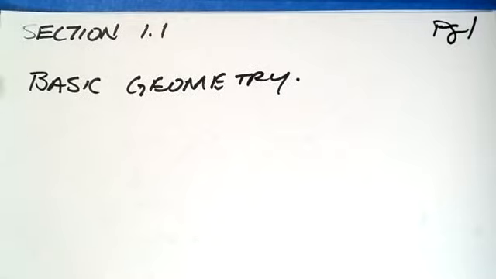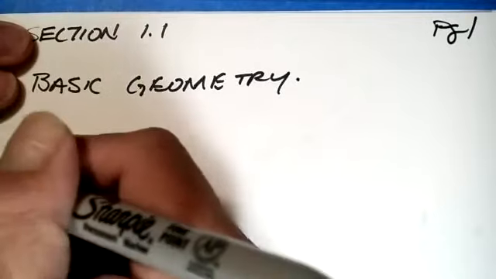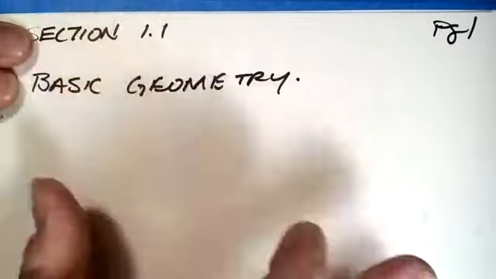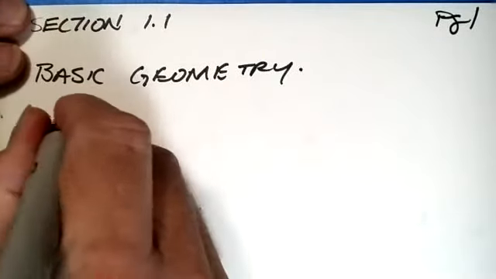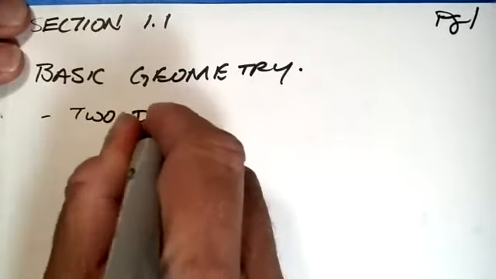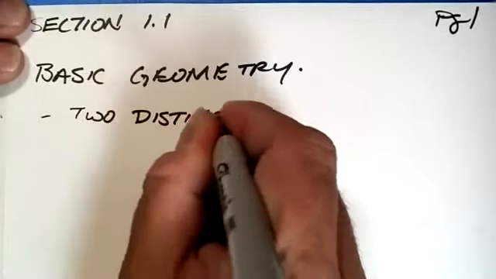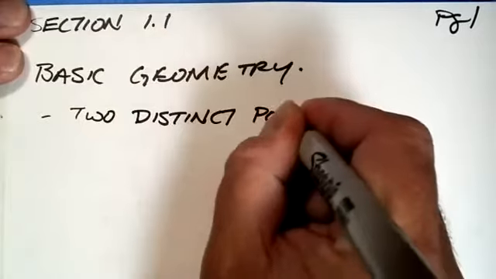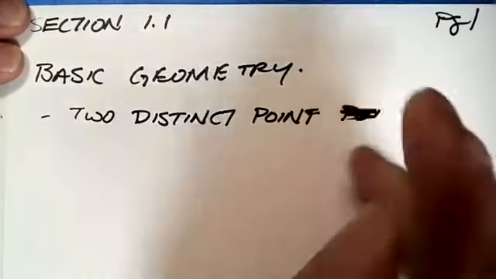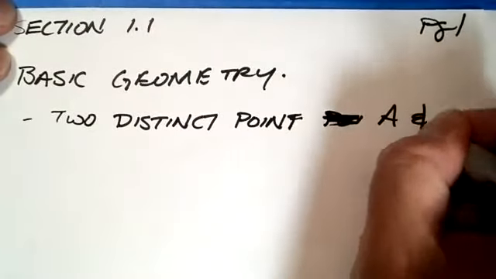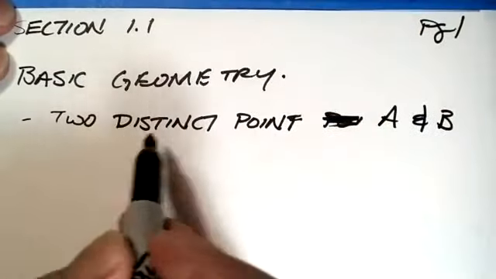But anyway, if we start here, we're going to define a couple of ideas, and as I define them, I'll underline them so you're clear what the term is being used. So 2 distinct points. Now, what does that word mean? Oh, sorry, A and B. Okay, so 2 distinct.